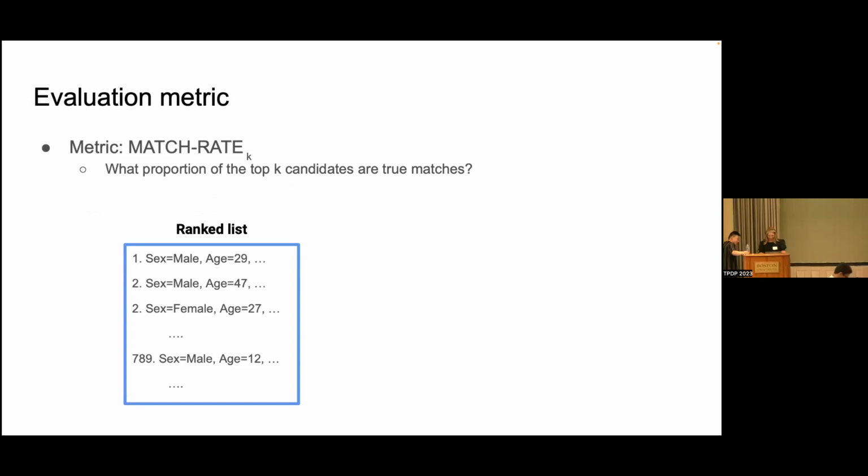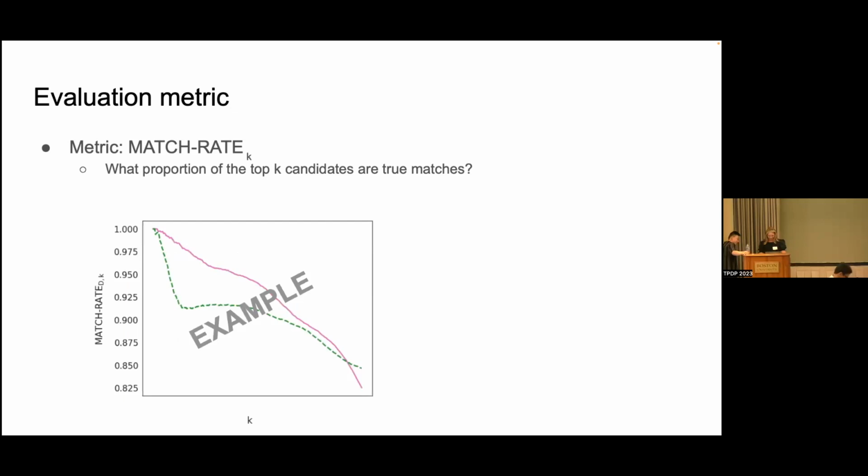So what metric do we use to evaluate these results? We created one that we call metric K. Given a ranked list, what proportion of the top K candidates in my list are actually true matches? You'll see plots like this.